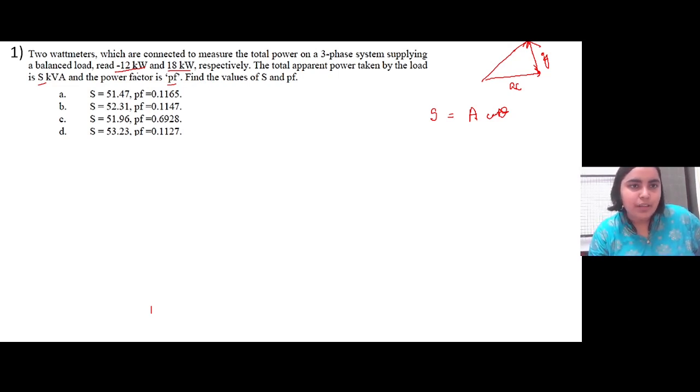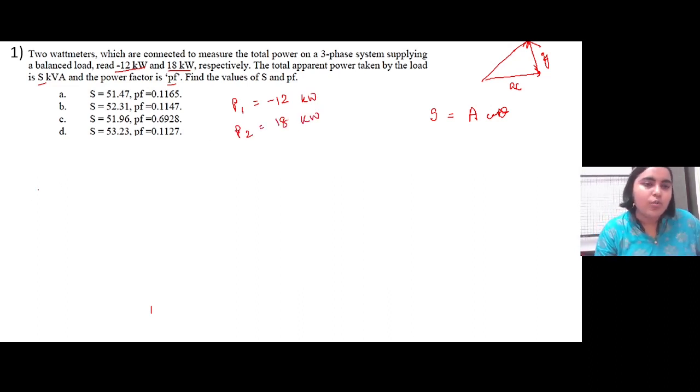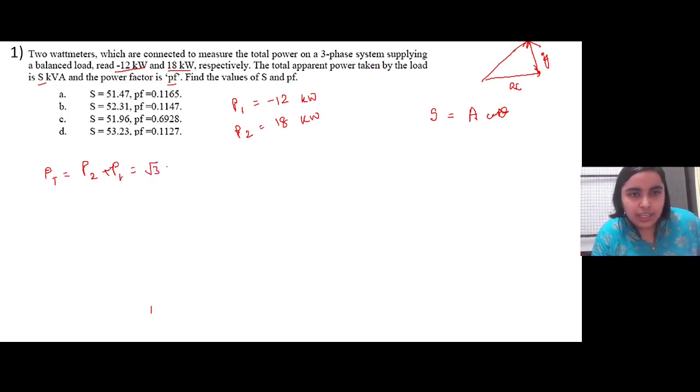It is given the two wattmeter readings, let's say P1 is minus 12 kilowatt and P2 is 18 kilowatt. Now, in the two wattmeter method, sir has shown how to calculate the angle. The total power measured, which is the real power, is the sum of both wattmeters, P1 and P2, equal to root 3 times the load voltage, the load current, cos theta. And using a phasor diagram he has shown this.